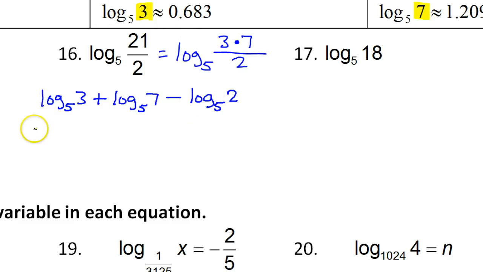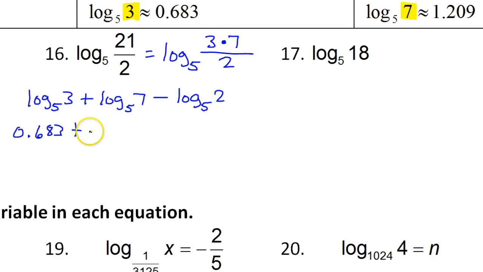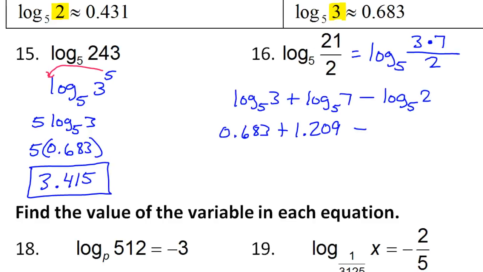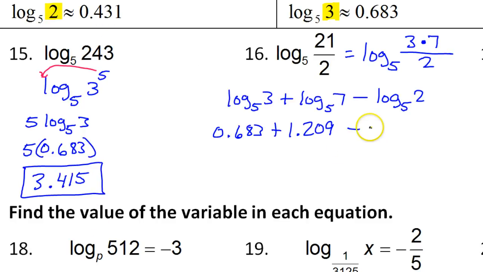Log base 5 of 3 is our 0.683. Log base 5 of 7 is our 1.209. And finally, log base 5 of 2 is 0.431.